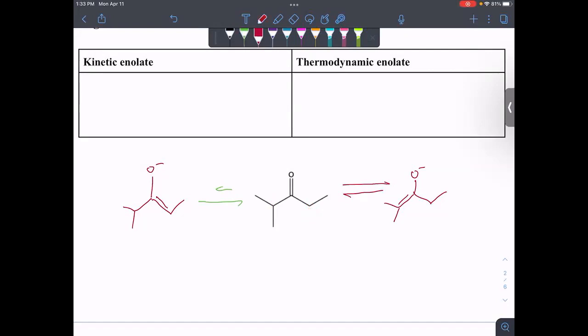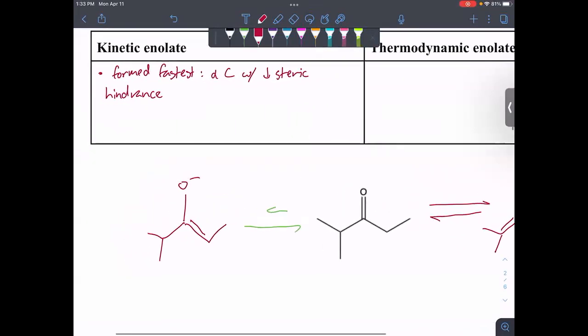So for the kinetic enolate, the side with less steric hindrance is the one you're going to put the alkene on. A good indicator of steric hindrance is the number of hydrogens: more hydrogens, easier for the base.